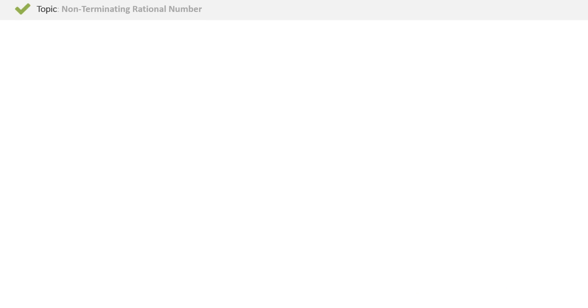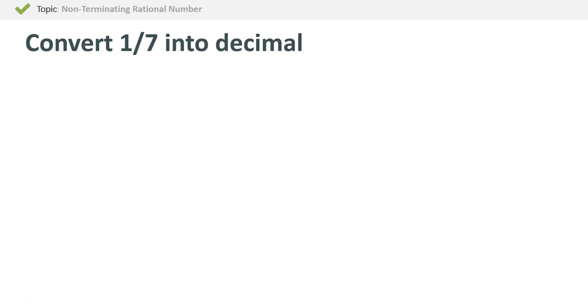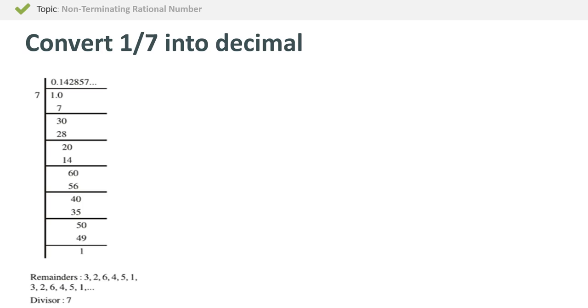Now let's talk about non-terminating rational numbers. Let's try to convert 1 by 7 into decimal. When you try to divide it, what you will see is that the remainders come as 3, 2, 6, 4, 5, 1, and then it repeats 3, 2, 6, 4, 5, 1 for the divisor 7.